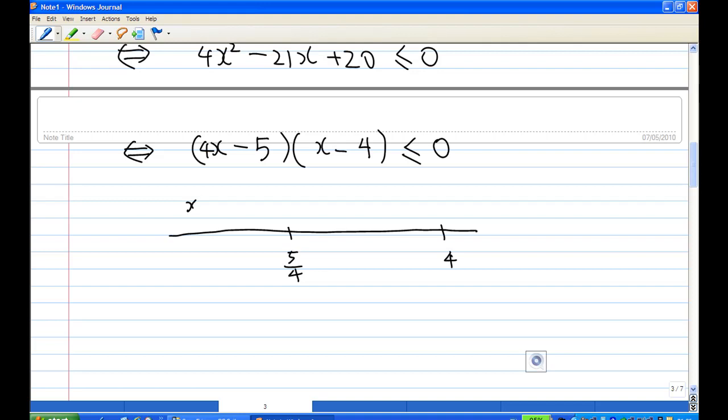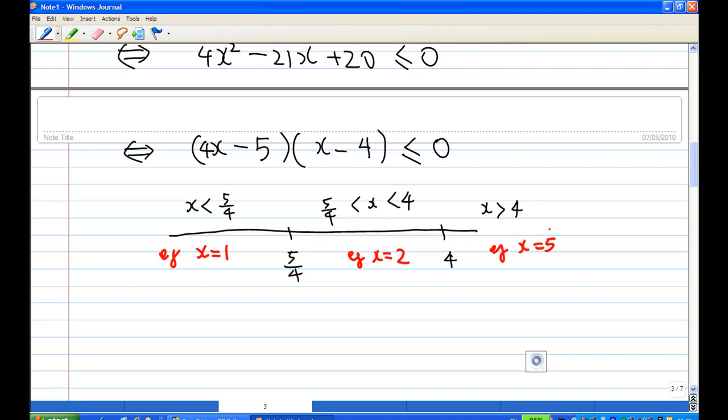So you have 3 regions: x less than 5 over 4, x between 5 over 4 and 4, and x greater than 4. So you can take some test points. For example, when x is less than 5 over 4, x equal to 1. For x between 5 over 4 and 4, for example, x equal to 2. For x more than 4, for example, x equal to 5.